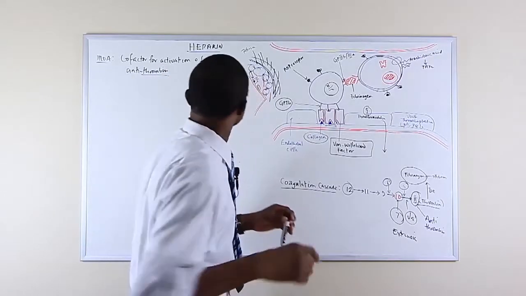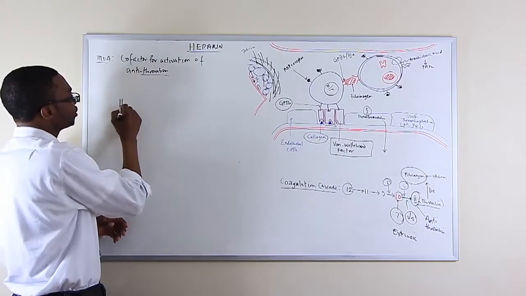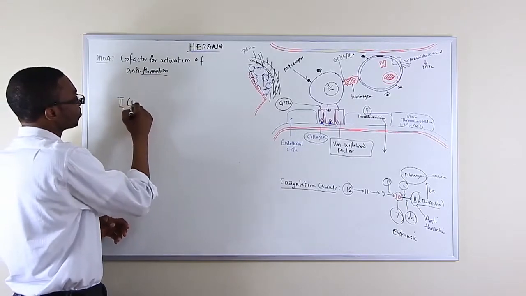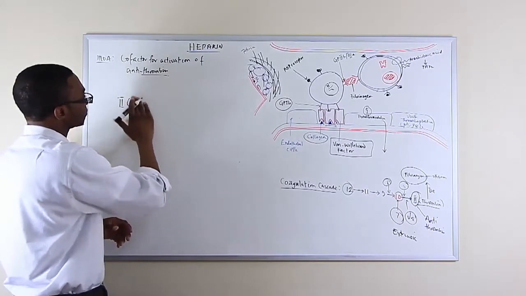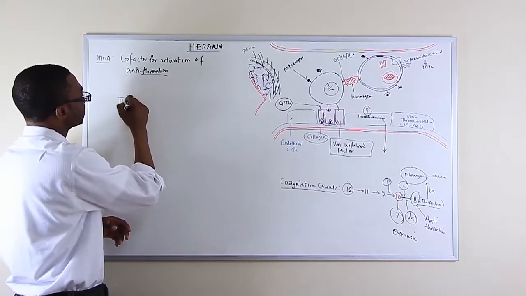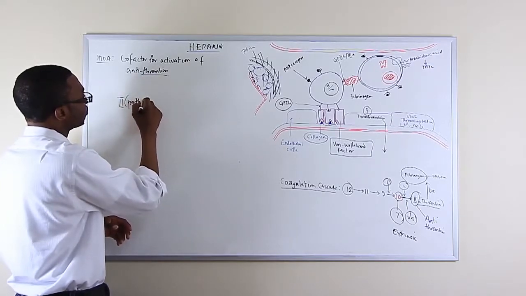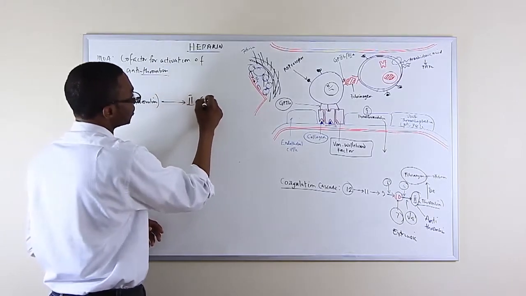All right. So what heparin does is it works like a cofactor. So let's draw it up. So we know that this is usually the common pathway, right? We have factor 2, which is prothrombin, which is activated into factor 2A, which is thrombin.